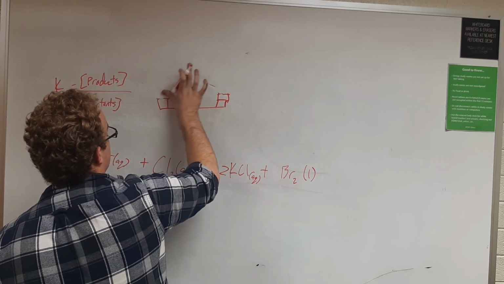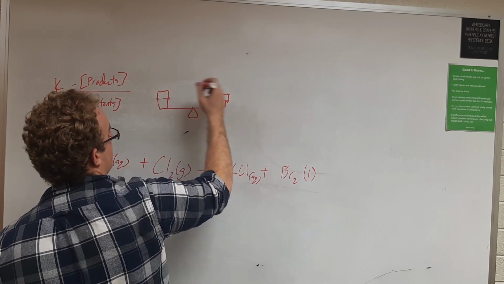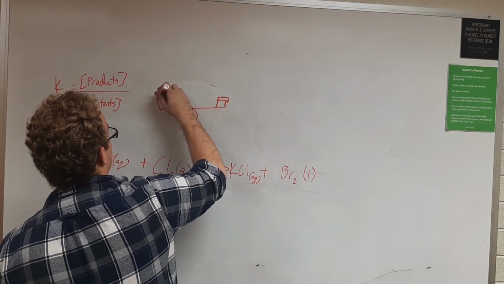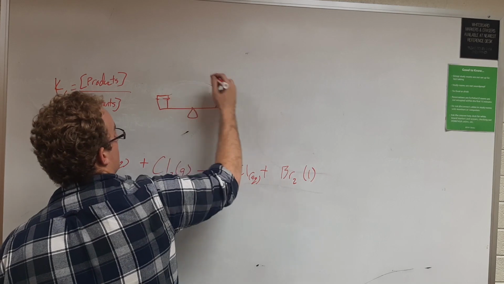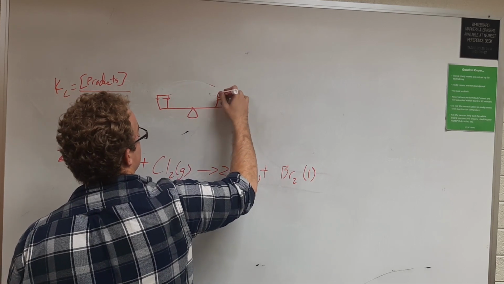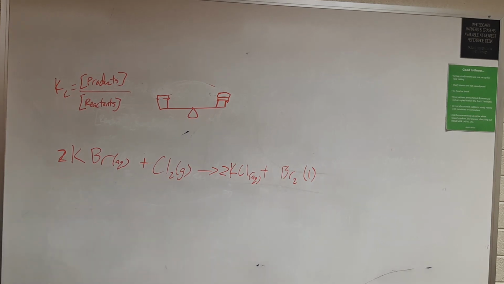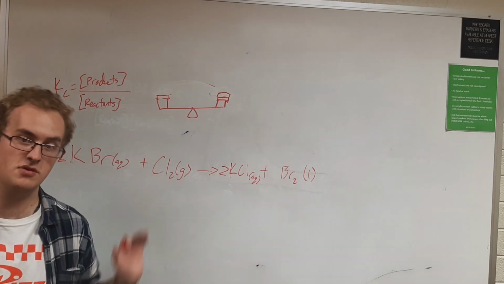And again, if we took some of our products away, like this, then we would convert more of our reactants into products, kind of to keep it balanced. I know that doesn't look like a great drawing, but that's what would happen. So if we add products, it will favor the reactants. If we take away products, it will favor the products.